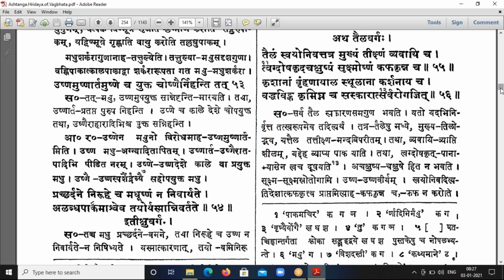So if madhu is added with something, the property of that something will be exaggerated. And tadha sviyam aviruddham karotyapi: it will retain its own properties as well, and enhance the properties of the one with which it had its samyoga. So that is called yogavahi.